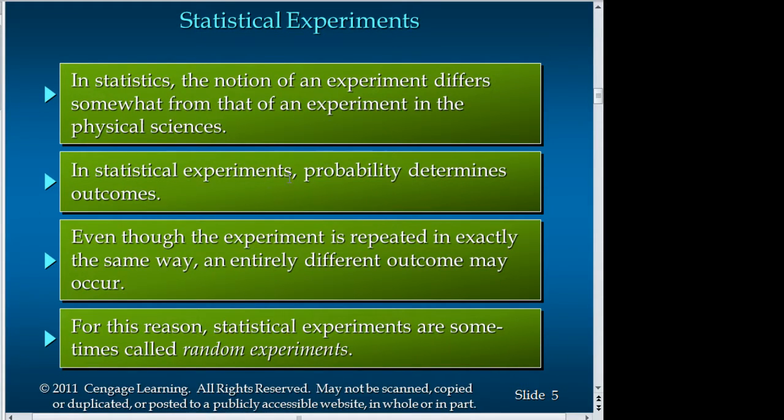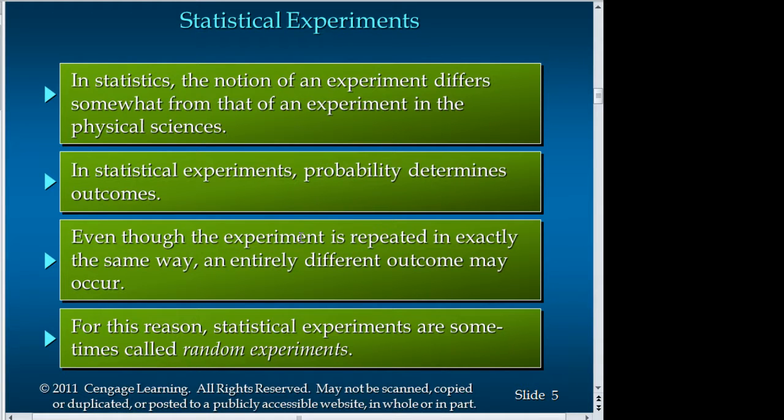So if you flip a coin, that action is a statistical experiment, but when you flip a coin, you will have an outcome, head or tail.